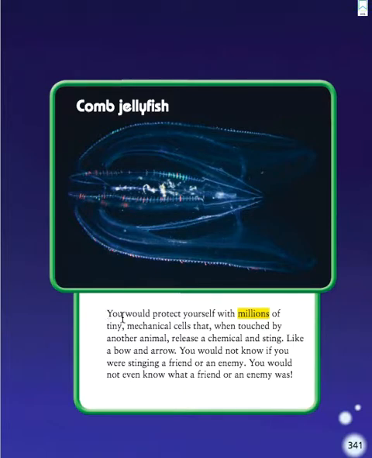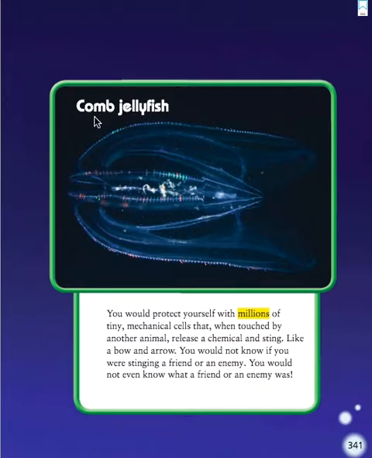You would protect yourself with millions of tiny mechanical cells that, when touched by another animal, release a chemical and sting. Like a bow and arrow. You would not know if you were stinging a friend or an enemy. You would not even know what a friend or an enemy was.